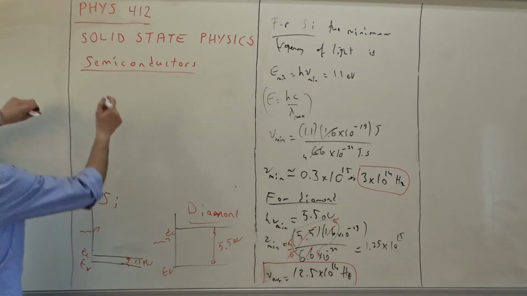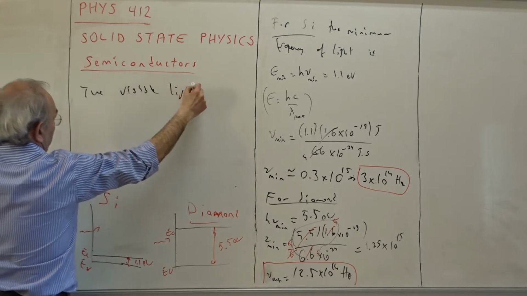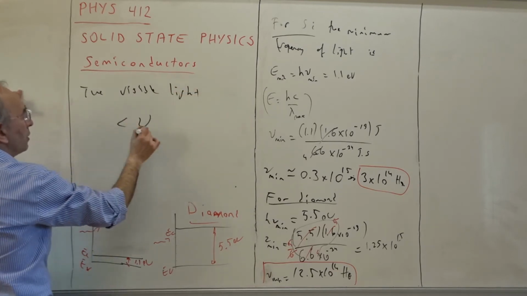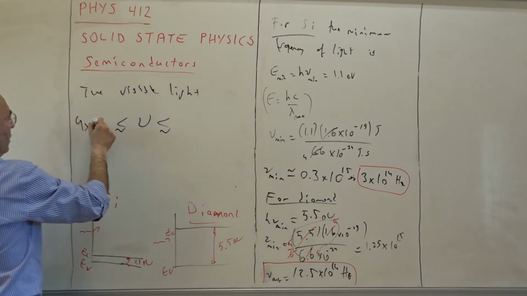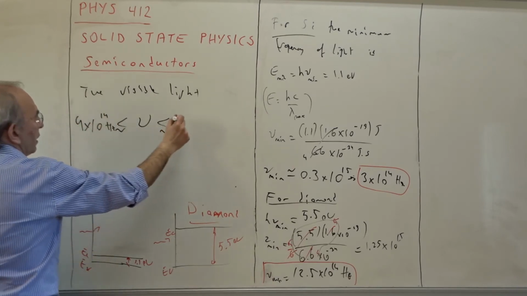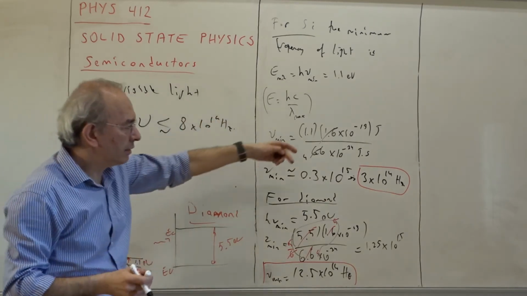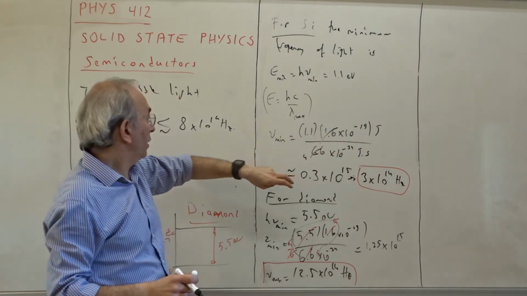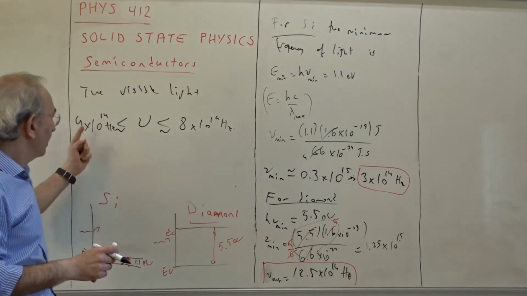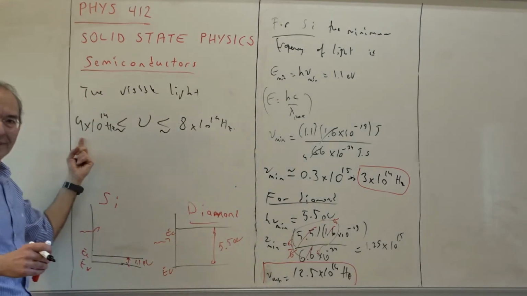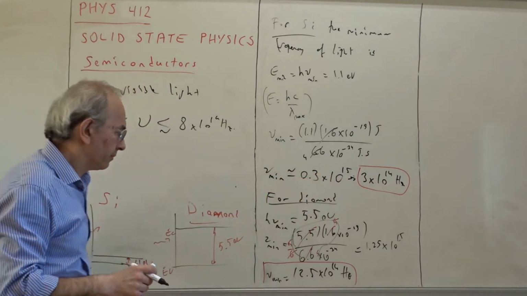So for the visible light, nu has to be greater than 4 times 10 to the 14 hertz and less than 8 times 10 to the 14 hertz. What are these results? For diamond, 3 times that of silicon is something less than the lower limit. Of course, this cannot be used.